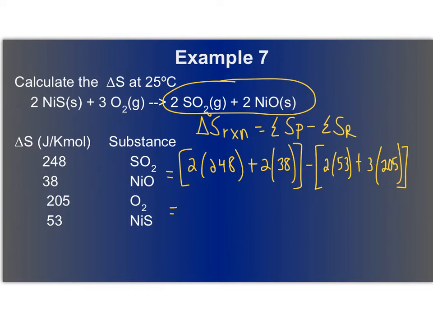When we solve this out with a calculator, we end up getting negative 148 joules per mole Kelvin.